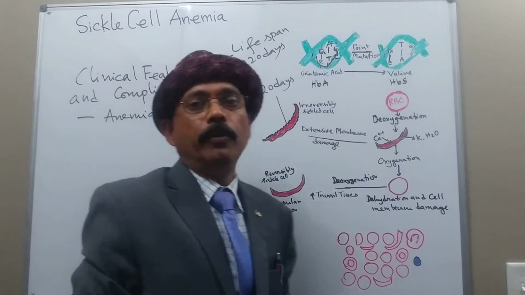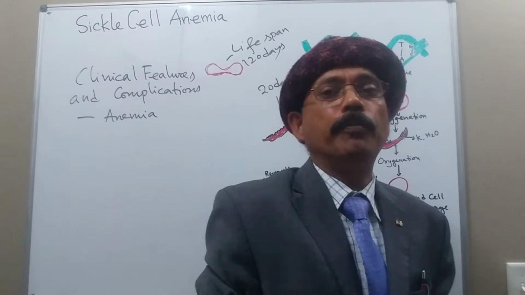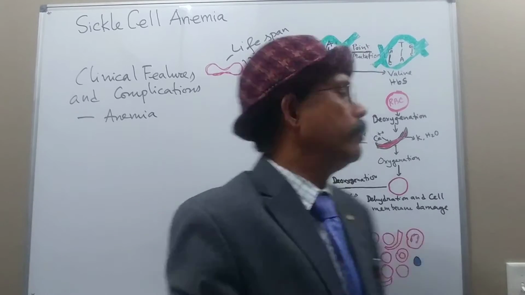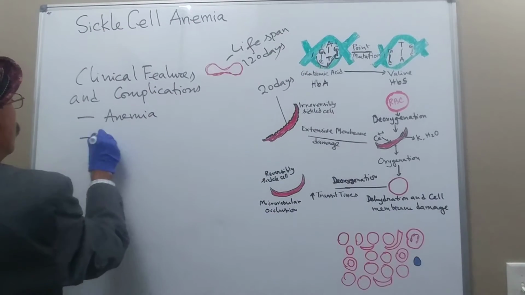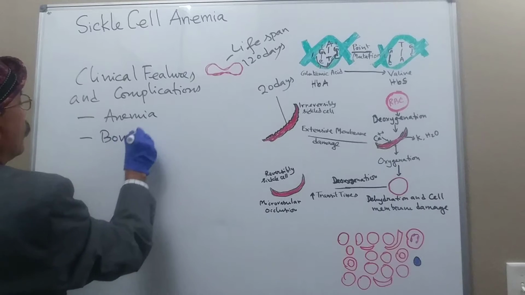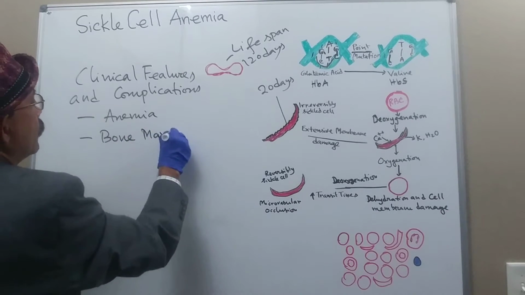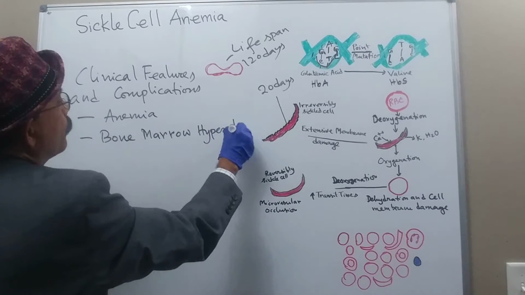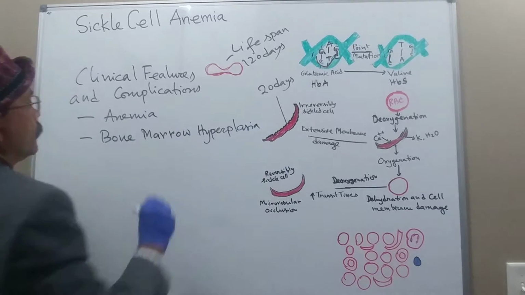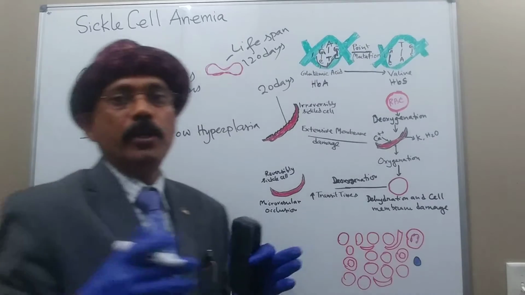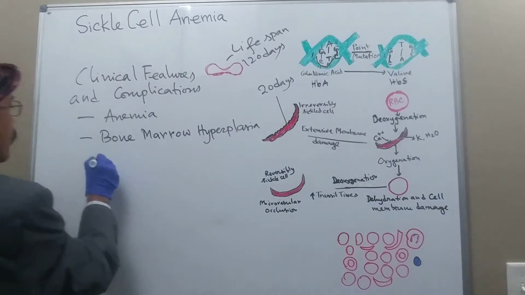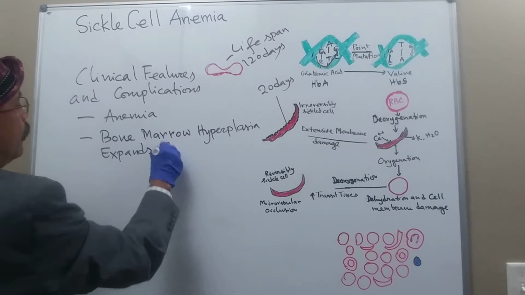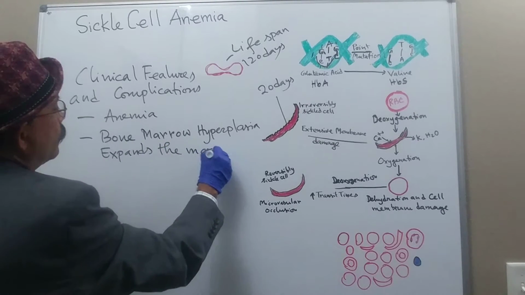Due to anemia, there will be compensatory hyperplasia of the bone marrow. So bone marrow hyperplasia initially, to compensate for anemia. That may expand the marrow space.